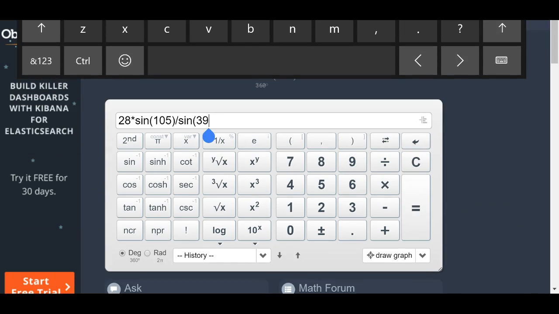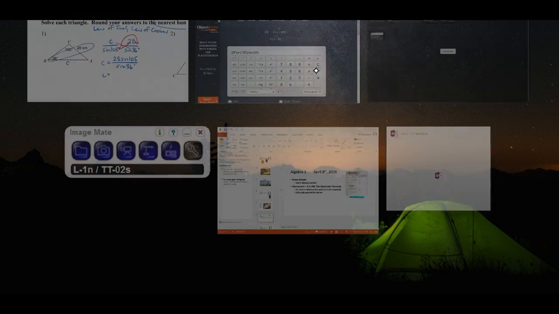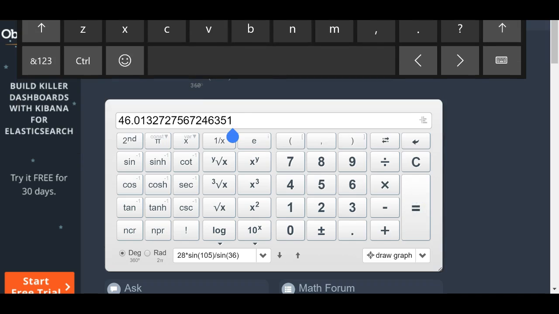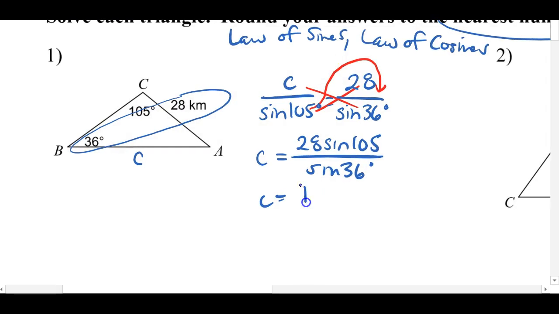Oops, backspace. And you can backspace by clicking this little backspace button. 36, and then parentheses. What you'll notice is that up above, it sets it up for you. So you can see that you did it correctly, that it matches up with how I wrote it down. Okay, go ahead and press enter. And I get 46.01. We'll round that to the nearest hundredth, so 46.01. Okay, that's side C.